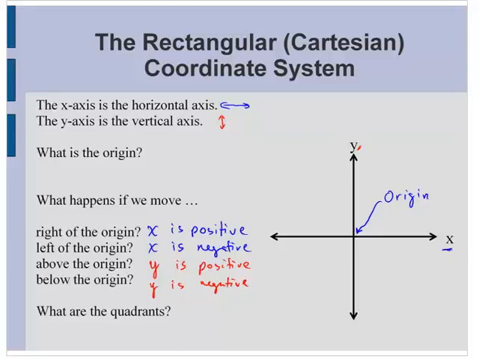We also have what are called quadrants. So basically, we have these axes, the horizontal and vertical axis, they cut up the plane into 4 pieces called quadrants. And we call the upper right quadrant 1, and it's with a Roman numeral, and this would be quadrant 2, and quadrant 3, and finally quadrant 4.